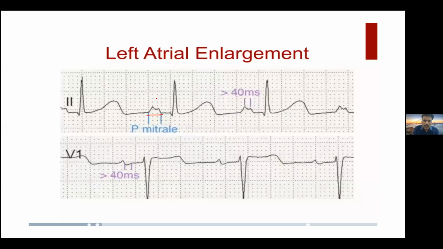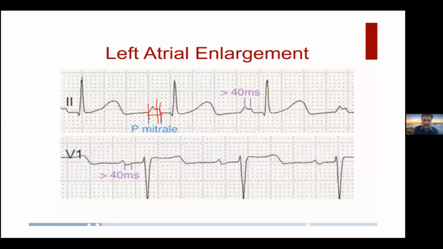Instead of less than 2 small squares, since it travels for a longer time, it becomes 3 small squares. Right? It is wider. Left atrial enlargement is wider because it travels longer time. And this is what will appear in lead 2.